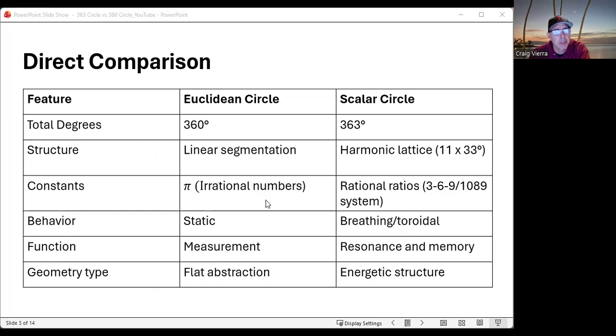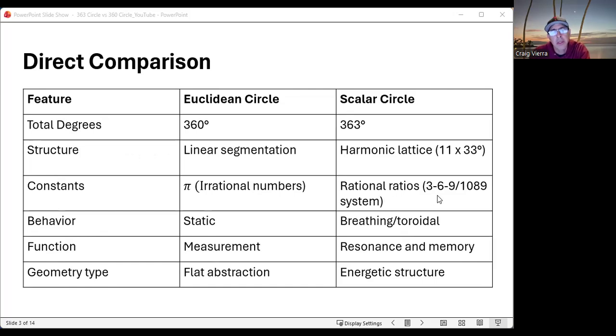The Fibonacci spiral is another example, a spiral with exponential growth that assumes infinite recursion, which is not what nature is actually doing. It actually terminates. In our scalar circle, we are going to be using rational numbers, rational ratios.